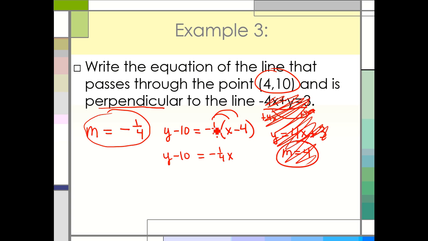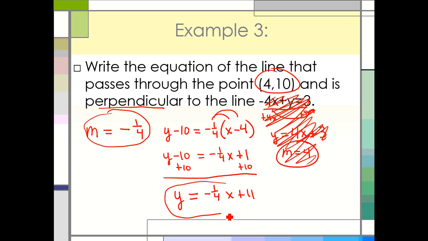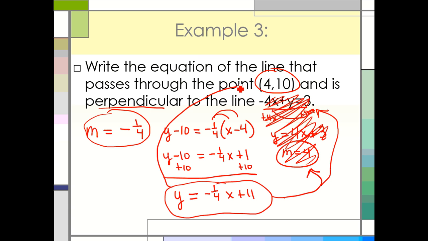And when I multiply -1/4 times a -4, that gives me a positive 1. So I would add 10. And when I do that, I get the equation of the line that is perpendicular to this line up here, and goes through this coordinate, (4, 10).